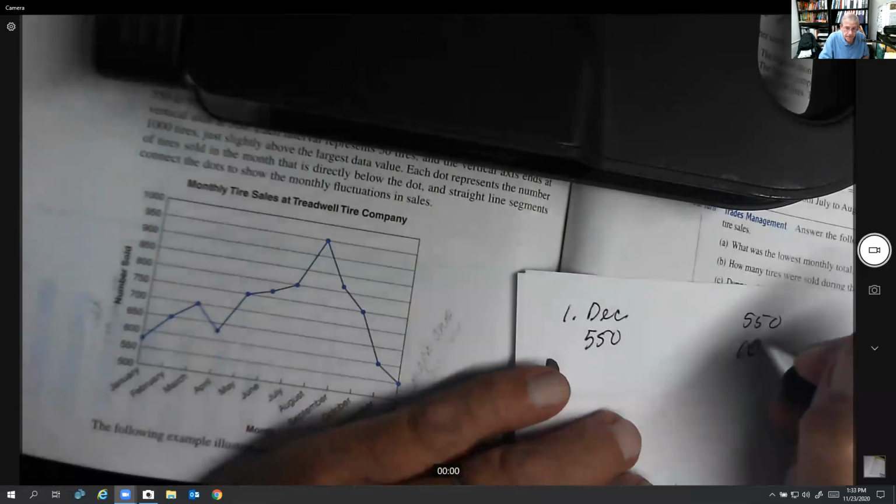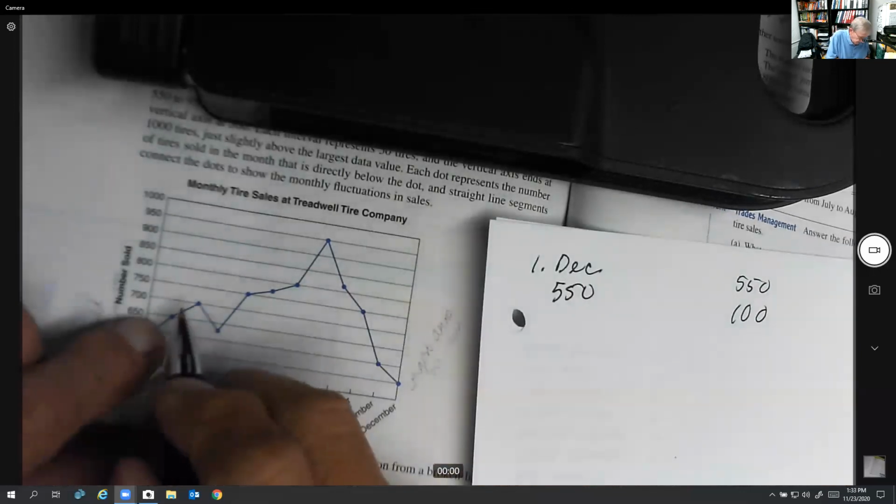Okay, the second question was, how many tires were sold during the first 3 months? Well, you could calculate, I did it 2 different ways. I added those up. Let's see, first month was 550. Then I went from 550 to 650, which was 100.